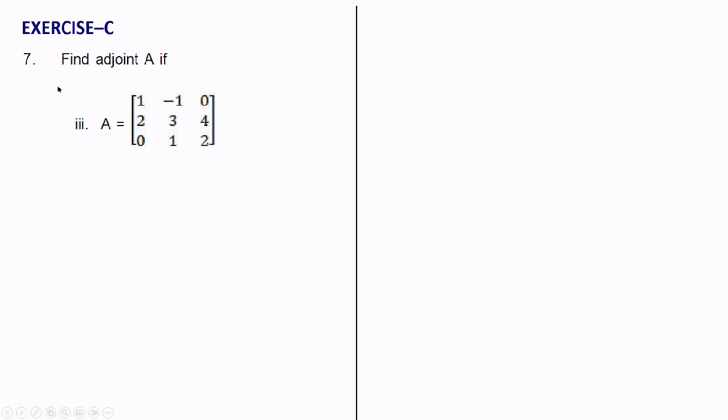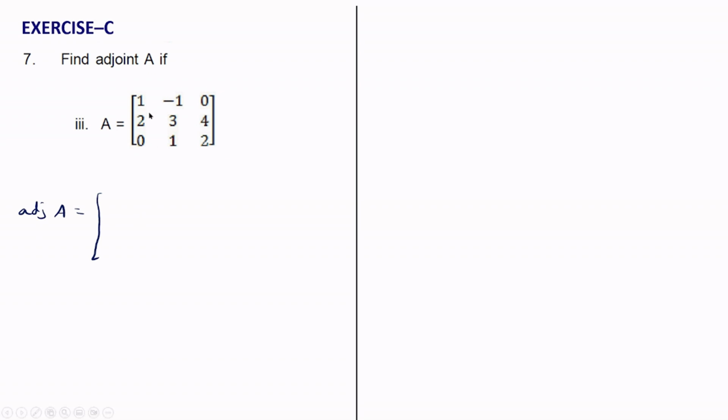Next question, find adjoint of A if A is this 3 by 3 matrix. So we know that if A is a 3 by 3 matrix, then adjoint of A is the transpose of the cofactor matrix. So let us find the cofactor first.